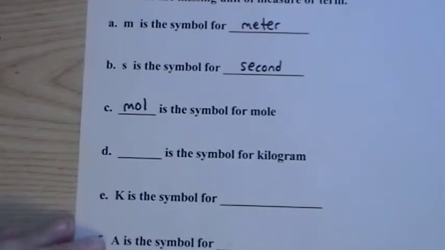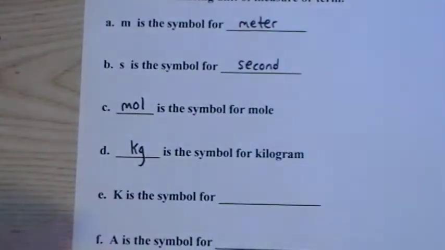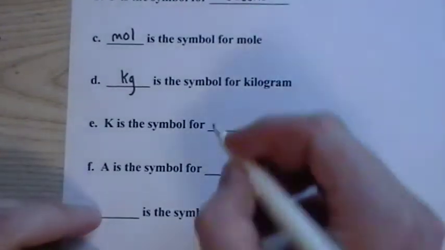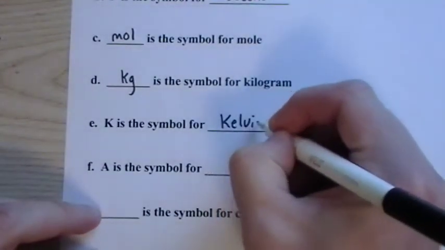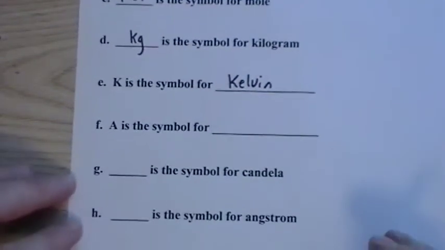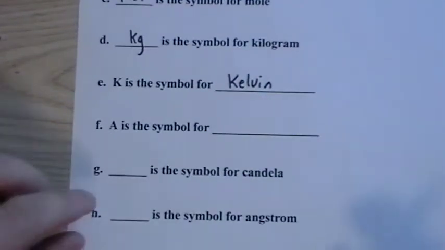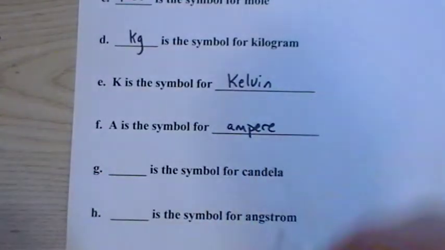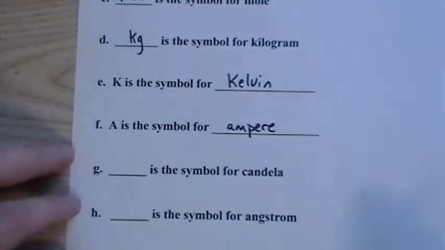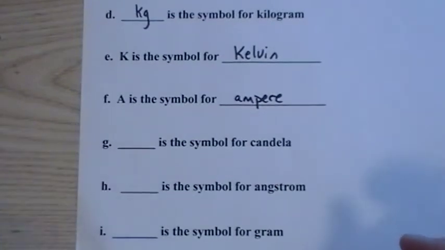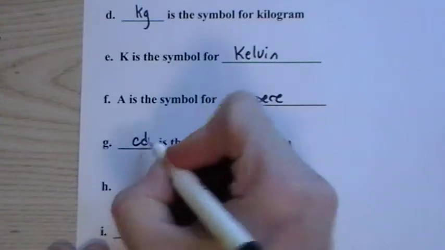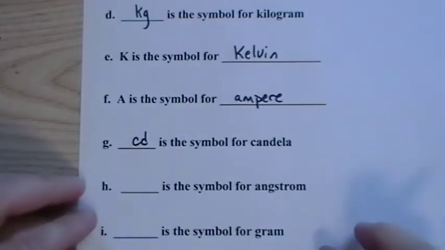Blank is a symbol for kilogram, kg, unit of mass. Capital K is a symbol for kelvins, our unit for temperature. A is a symbol for ampere, for the electric current. Blank is a symbol for candela, luminous intensity. We don't use that very much, but that's cd, lowercase c, lowercase d.